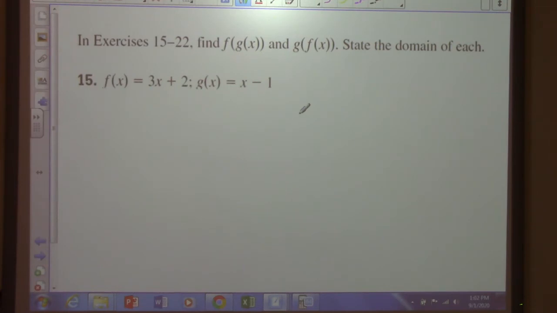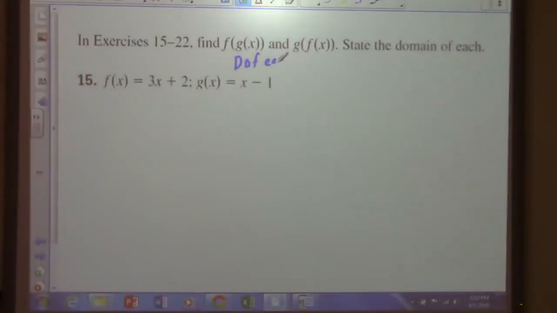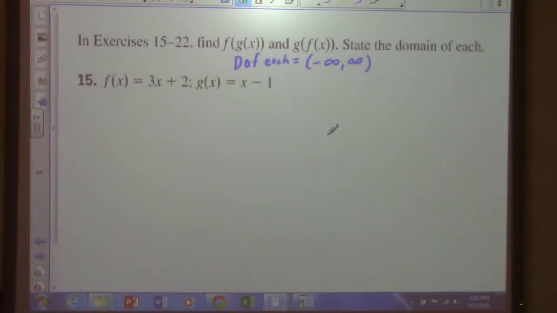All real numbers. So when it says state the domain of each, we already know the domain of each is going to be all real numbers, because there's no way we can get an exclusion from polynomial functions that are in the numerator anyway. Okay?